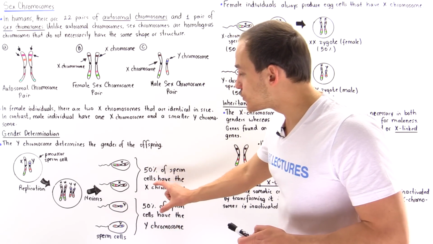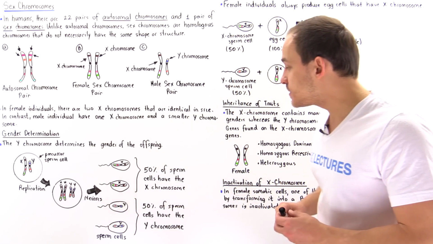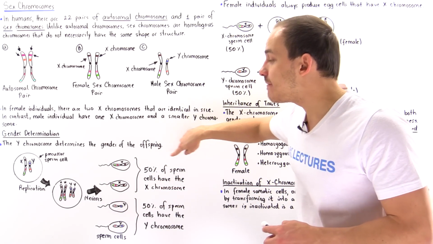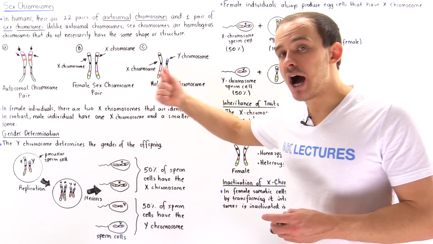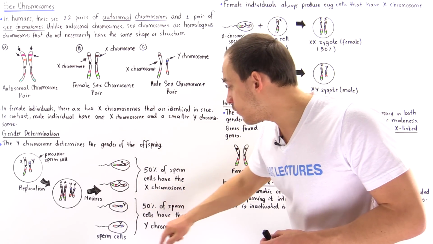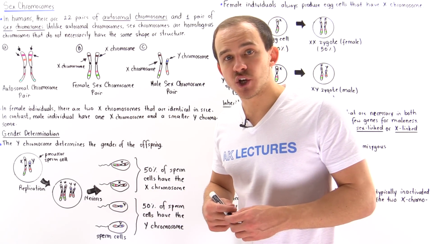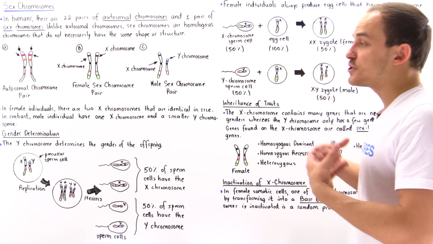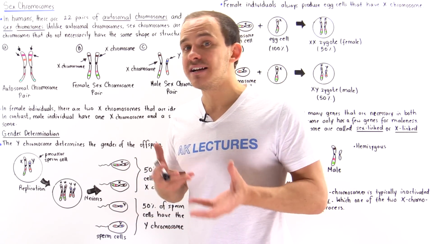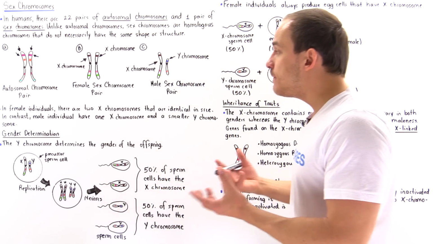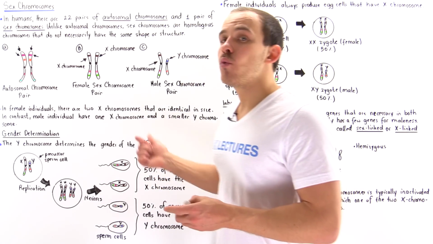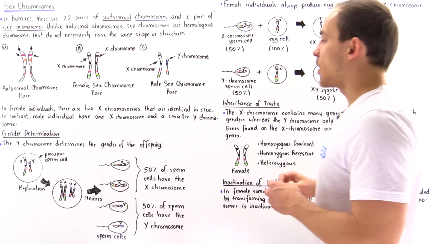So 2 of the 4 sperm cells, or 50%, have the X chromosome, and the other 50%, 2 out of 4, have the Y chromosome. So we have a 50% chance of producing a sperm cell carrying the X sex chromosome, and a 50% chance of producing a sperm cell carrying the Y sex chromosome.